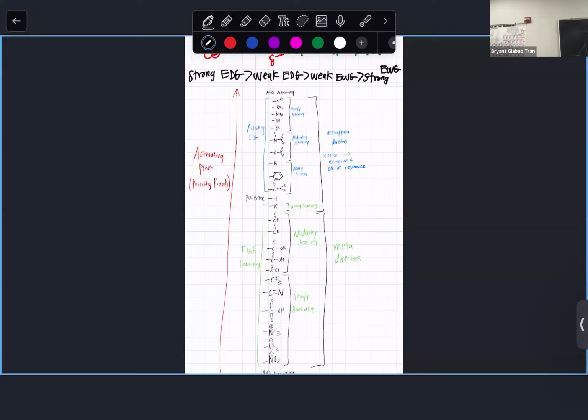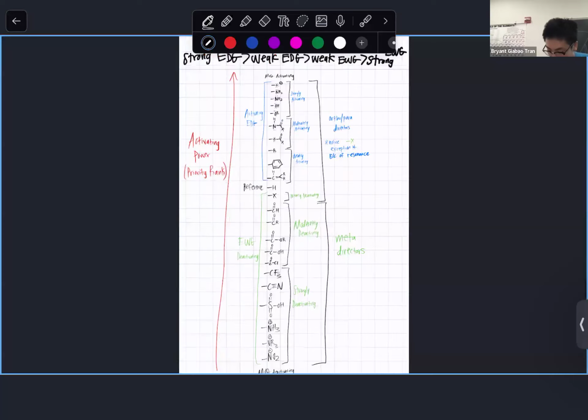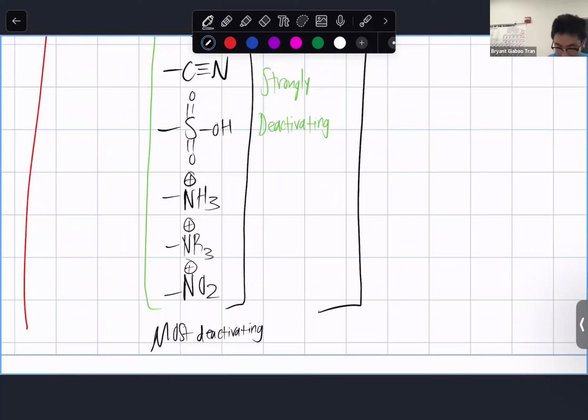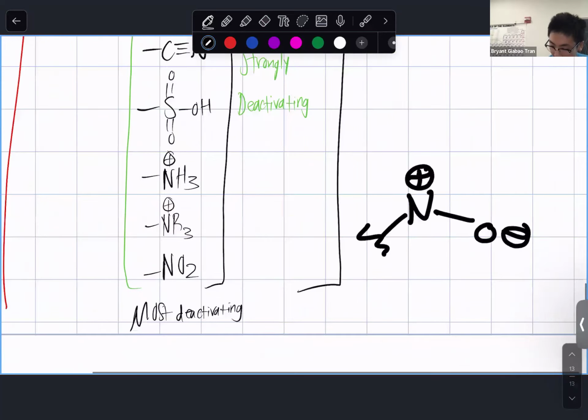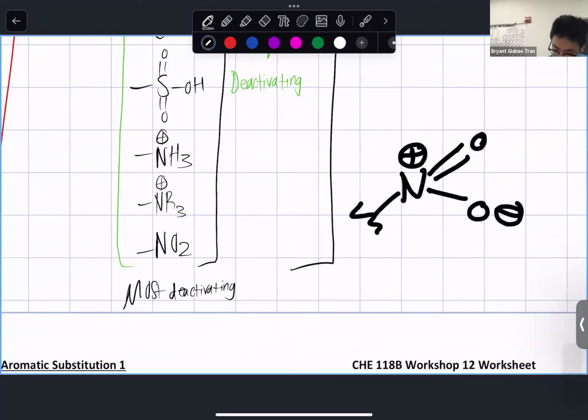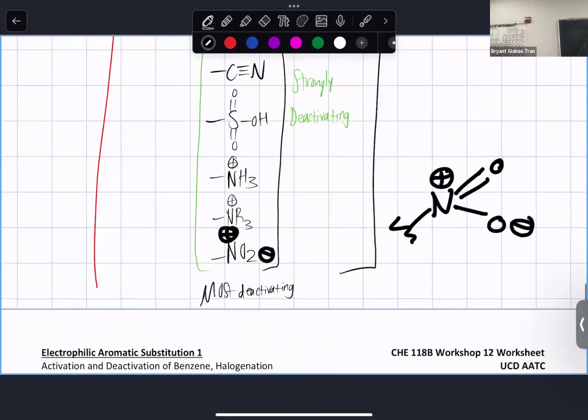So what is the charge on the NO2? It should be neutral. Yeah, you're right, it should be neutral. Because the NO2 looks like this: I just wanted to show that the nitrogen has a positive charge and one of the oxygens has a negative charge. This nitrogen has a full positive charge, making it a very strong EWG.